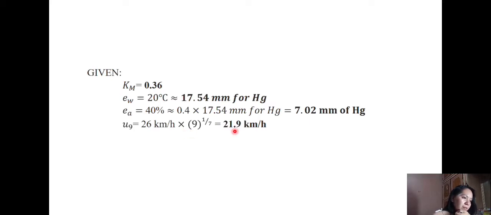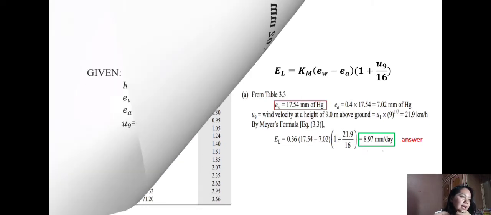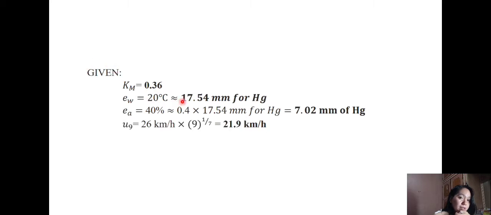We can find it in Table 3.3. At 20 degrees Celsius, the equivalent saturation vapor pressure is 17.54. That's how we come up with this.